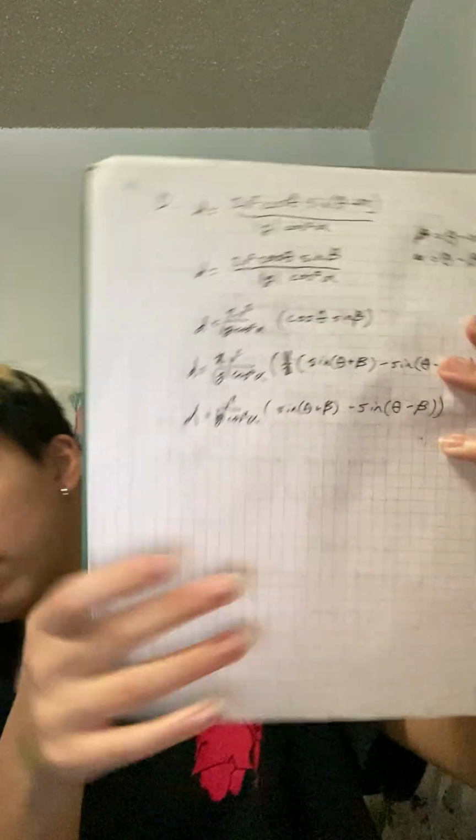D equals v squared over the absolute value of g times cosine squared alpha times sine of theta plus beta minus sine of theta minus beta. Here.